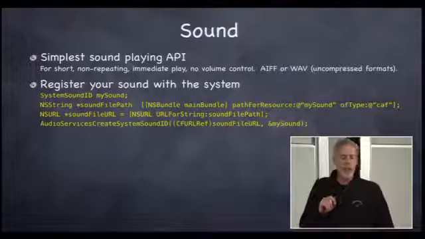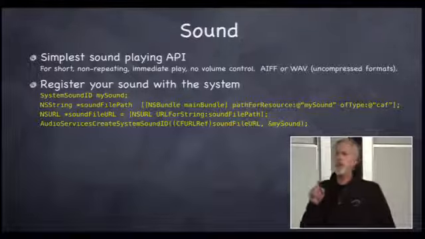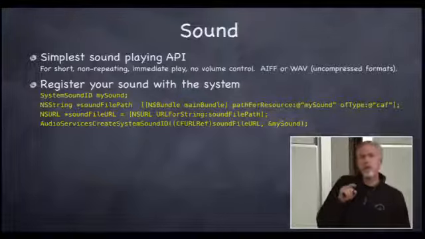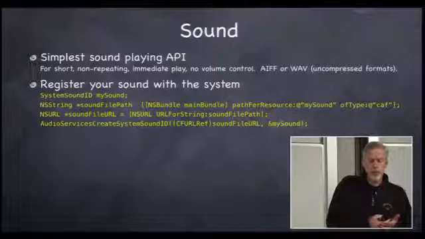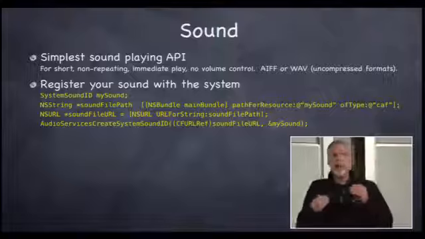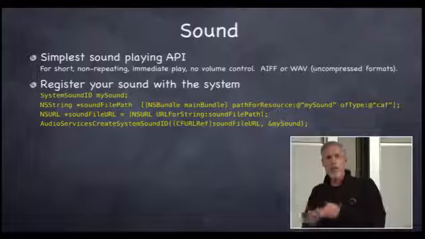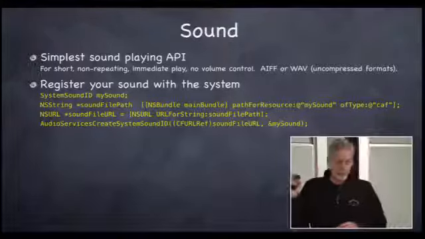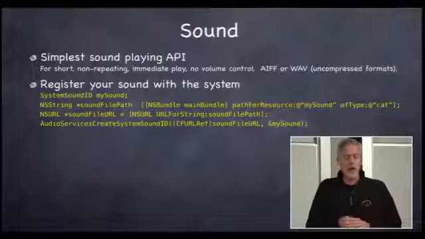Anytime you see these CFs, and you might have seen this in the debugger or in leaks or things like that, where you're seeing, oh, what's that CFString, CFArray, what are those? Well, CF is short for Core Foundation. And so CFString and CFArray and CFURLRef can actually be cast into each other with their counterparts, NSString, NSArray, NSURL. So in this case, I have soundFileURL, which is an NSURL, and I'm just casting it to be a CFURLRef.